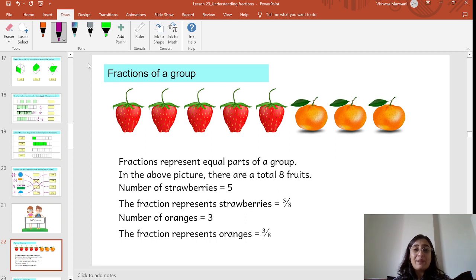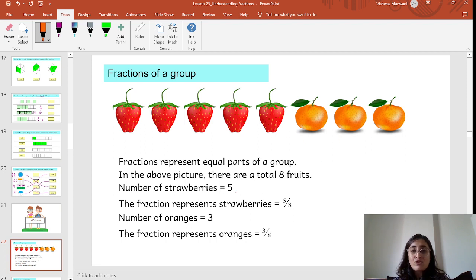Now, this example is based on the example that I gave you before this, the example of apples and oranges, right? So, like we had apples and oranges, here in this example, they have strawberries and oranges, okay? This group of fruits has been divided into 8 fruits, so it's 8 parts.